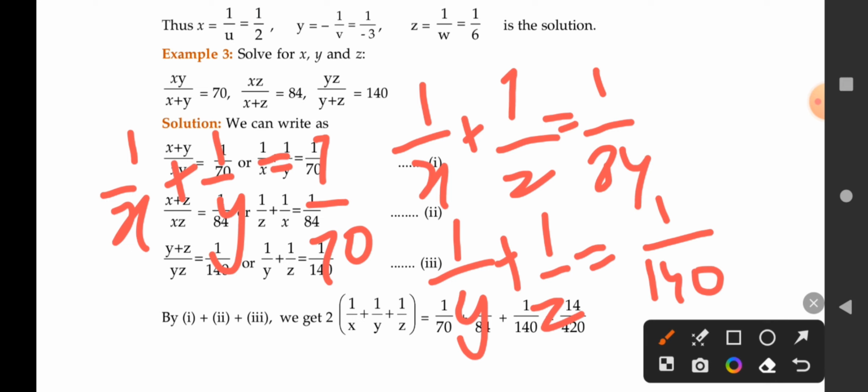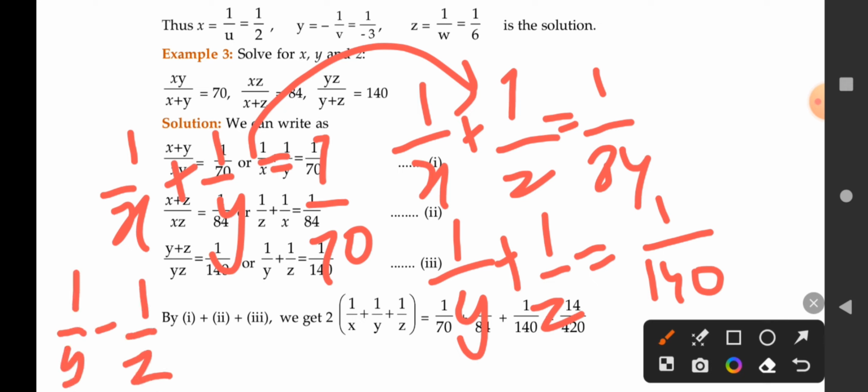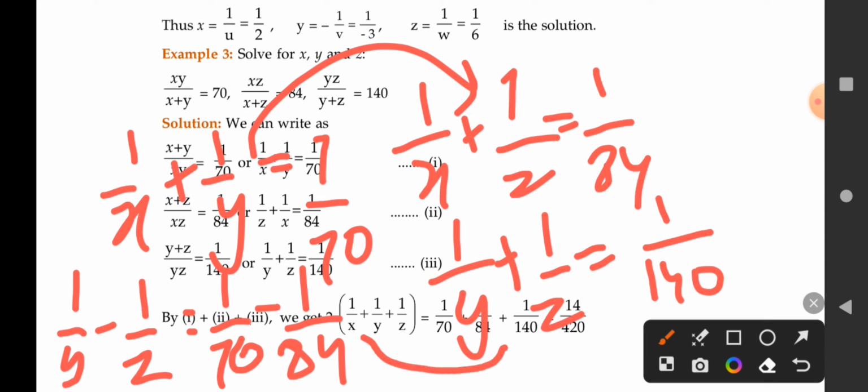Again, let's subtract these two. What do you get? 1 by y minus 1 by z is equals to 1 by 70 minus 1 by 84. Now let's add these two. You get 2 by y is equals to.